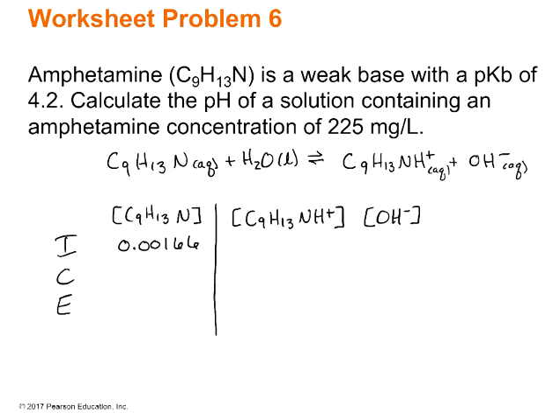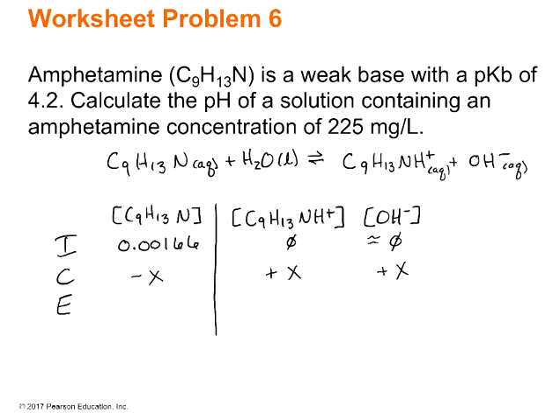We're going to assume that we don't have any of our products, although we do have some hydroxide ions present due to the autoionization of water. It's small enough that we'll say we have approximately 0. And then everything is in a 1-to-1 ratio, which is going to make our next row really simple. We're losing some amount of our base, and then we're gaining that amount of each product.